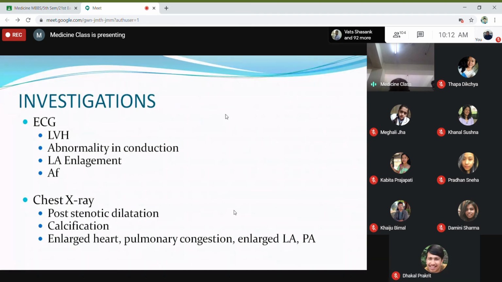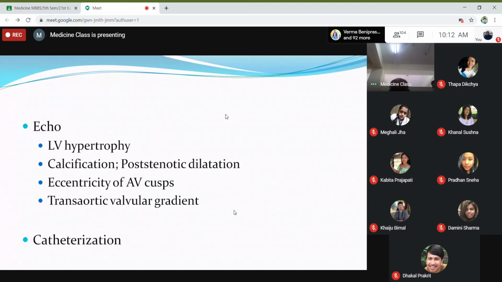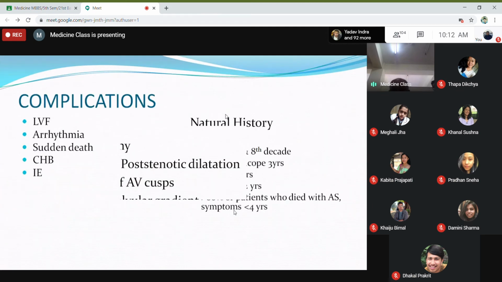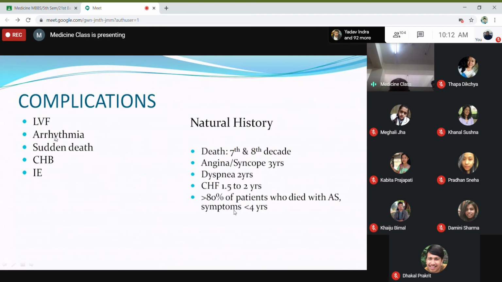Investigations are ECG, chest X-ray, echo, and catheterization can be done. The complications are left ventricular failure, arrhythmias, complete heart block, and the patient may have sudden death. If you look at the natural history, death is between the 7th and 8th decades. If you have angina or syncope, then it's around 3 to 5 years.